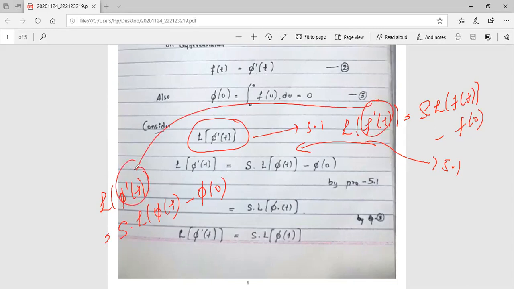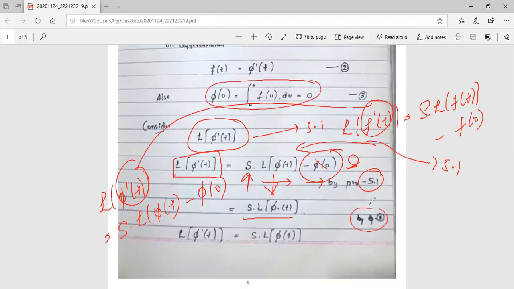This is your property number 5.1. So this phi of 0 is the constant 0 term, so we will neglect it, and write s into Laplace transformation of phi of t, by your equation number 3.